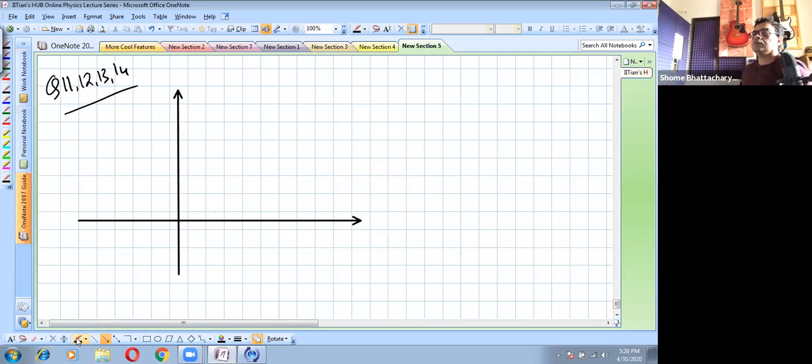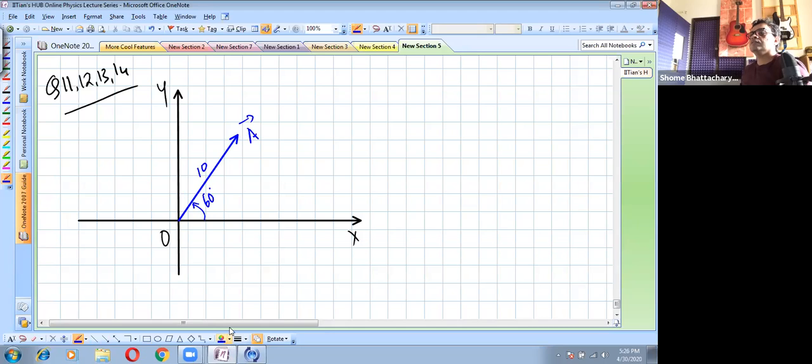So in this XY system, the vector A is given something like this. Its magnitude is 10, and this angle is 60 degrees.